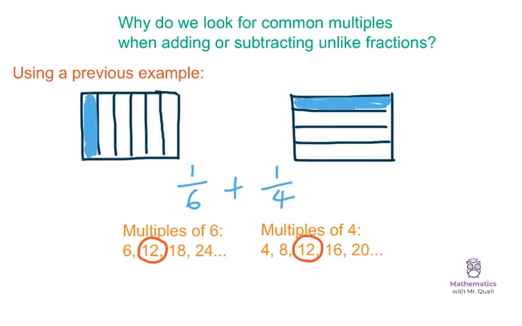The multiples of 6, 12, 18, 24 are actually showing us what we can cut up our sixths into if we make multiple cuts. If we keep everything as is, then we'll have 6 pieces, or sixths.